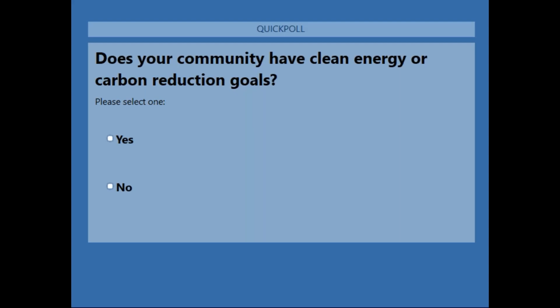All right, so we'll give it a minute while folks answer the question, and I will share it momentarily. Okay, so our first question is, does your community have clean energy or carbon reduction goals? We have almost 80% of the participants have voted, and the response rate is just over 70% yes and 30% no. So with that, I'm going to close our first poll.